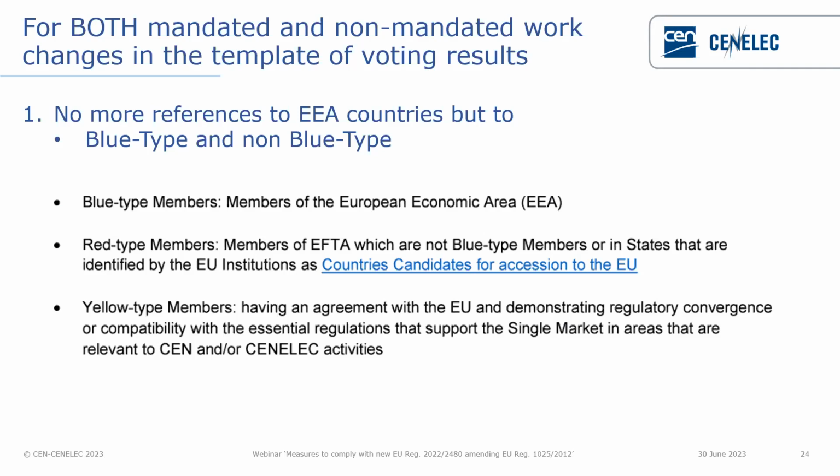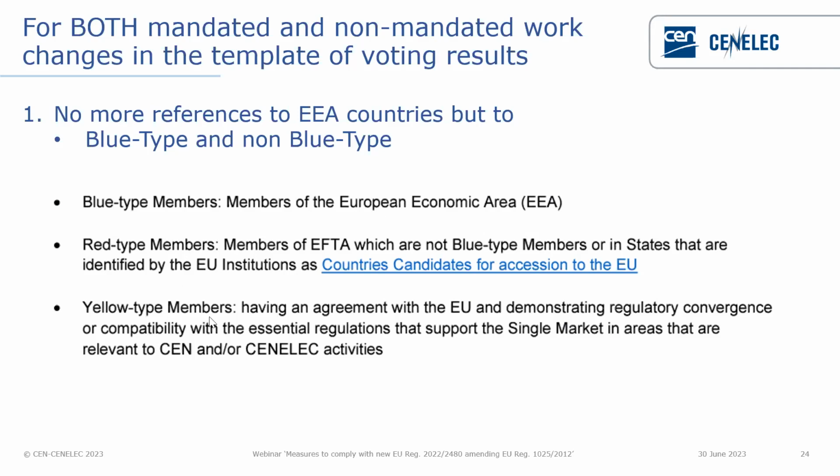So the majority, I would say, 70–80% are blue type members. It's the other way around: red type members are only 4. So Switzerland, Turkey, Serbia, and the Republic of North Macedonia, because these belong to the group of candidate countries for accession to the EU.